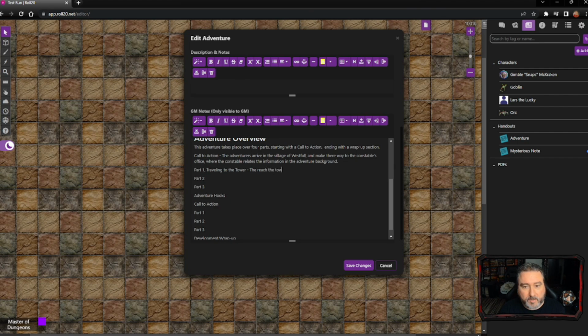To reach the tower, the party must head through the Darkling Forest, which is inhabited by all types of fey creatures, and traverse the dangers therein.